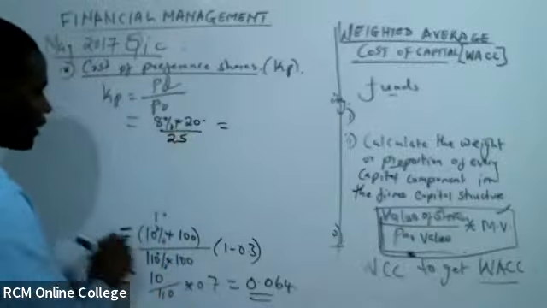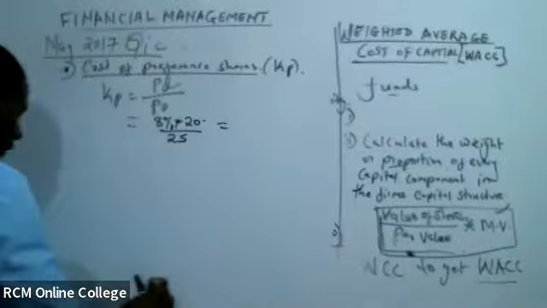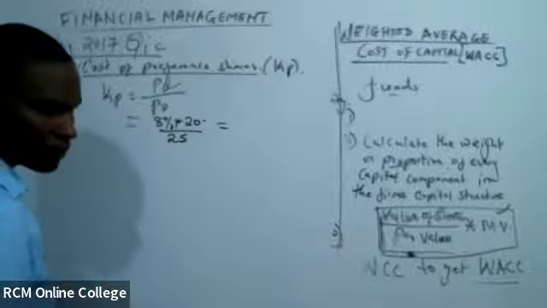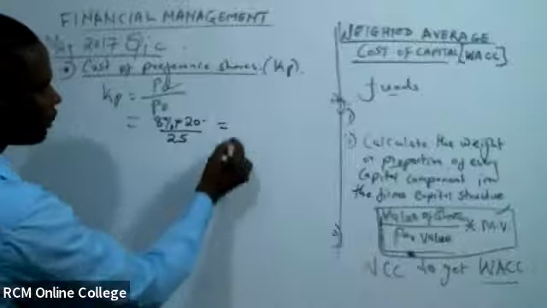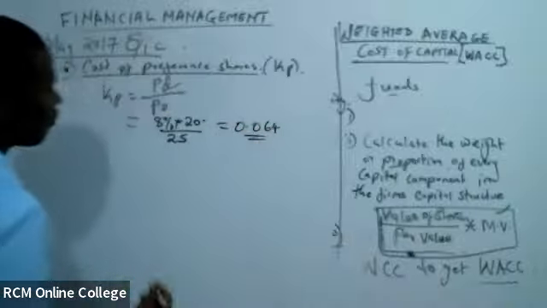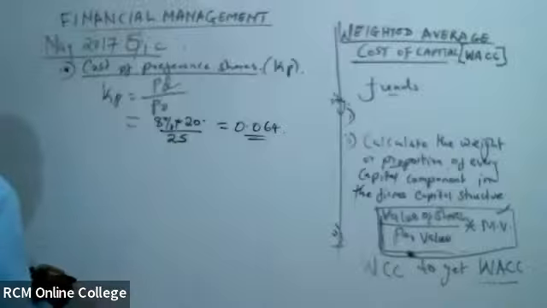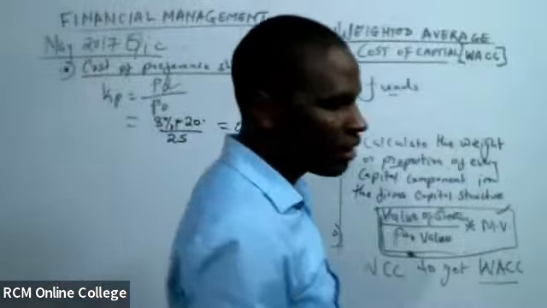So that we move to the next part of getting the proportion of the weight of these component costs. Itakuwa ngapi? A matter of division, 0.64 or 6.4%. I'd like to know whether we are together up to that point.